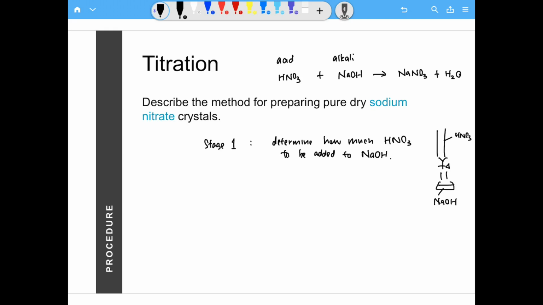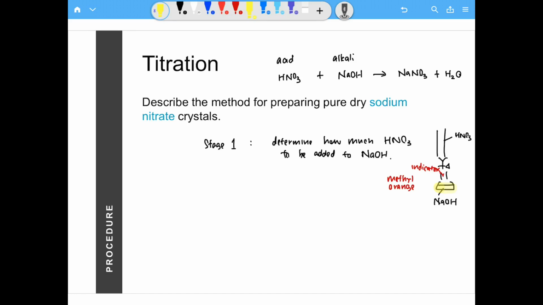And how do we know that we have added just enough acid to neutralize all the sodium hydroxide? It is at the point where the indicator changes color. So in the first stage we need to add an indicator. The common indicator that we use in the lab would be methyl orange. When adding methyl orange to sodium hydroxide, the solution will give a yellow color.